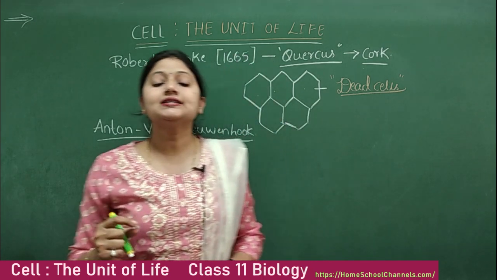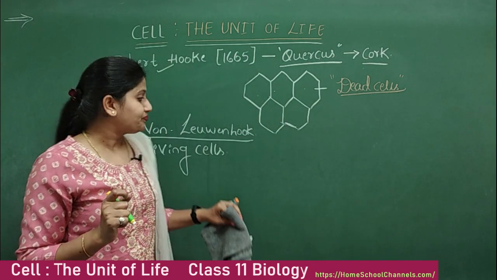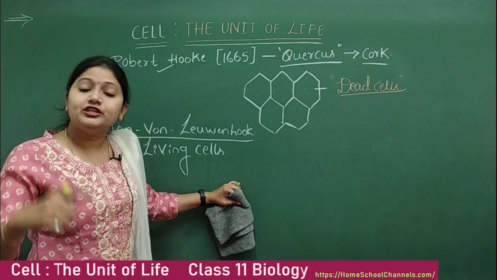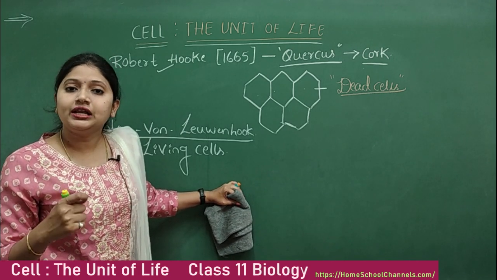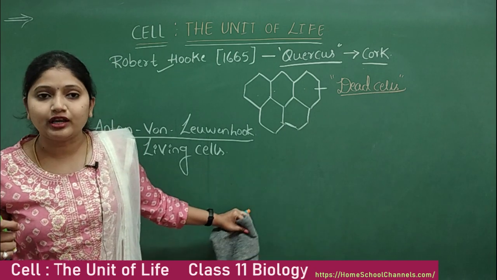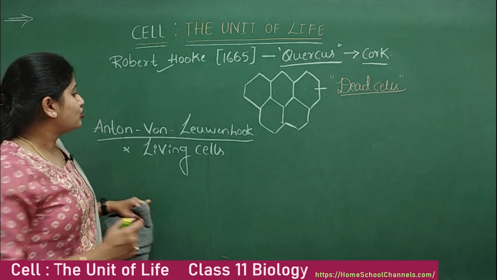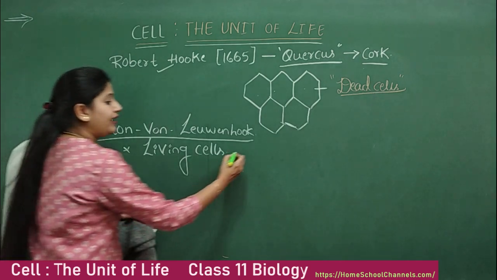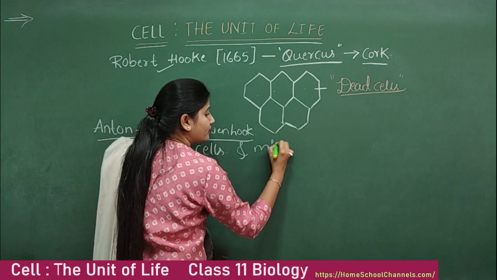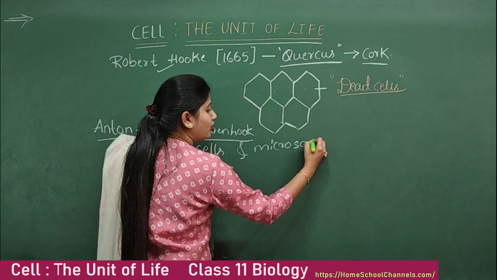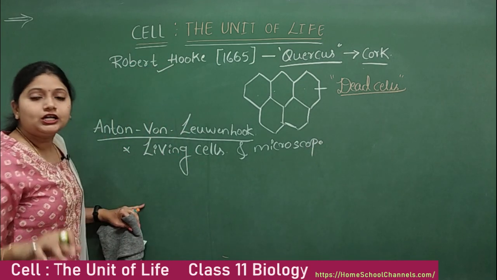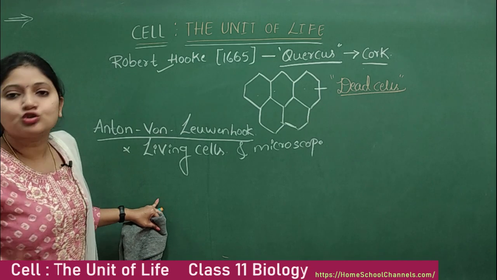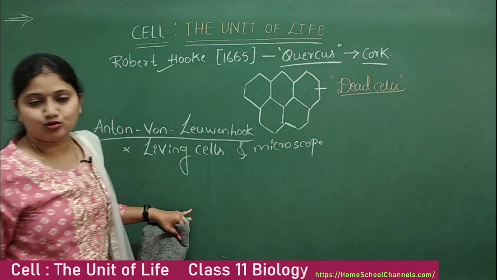Okay, as well as he has the credit of the discovery of the microscope, which later on led to the revealing of each and every detail of the cell. Once the microscope was discovered, all the other details or all the inner parts of the cells were also studied using the microscope.